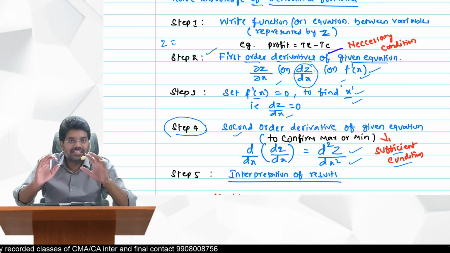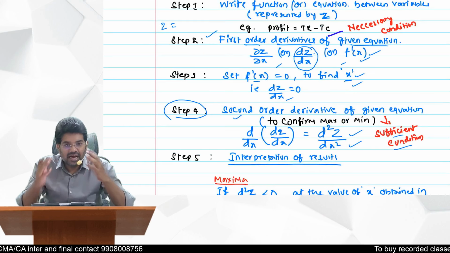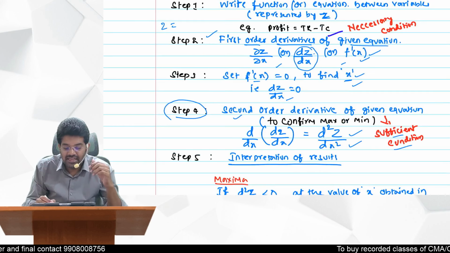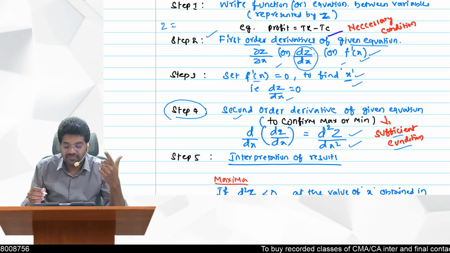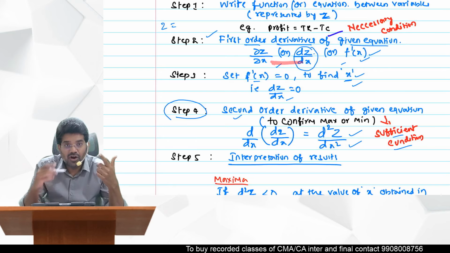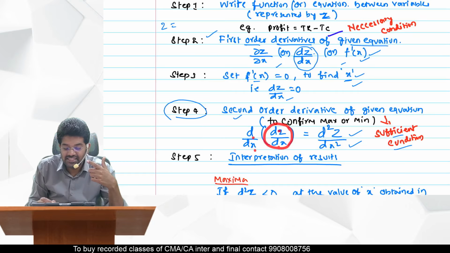After that, the next thing is very interesting. Again we are applying differentiation, on which one? On the first derivative from step number 2, whatever we got, on that we are applying the derivative again. You can see here d by dx of dz by dx.